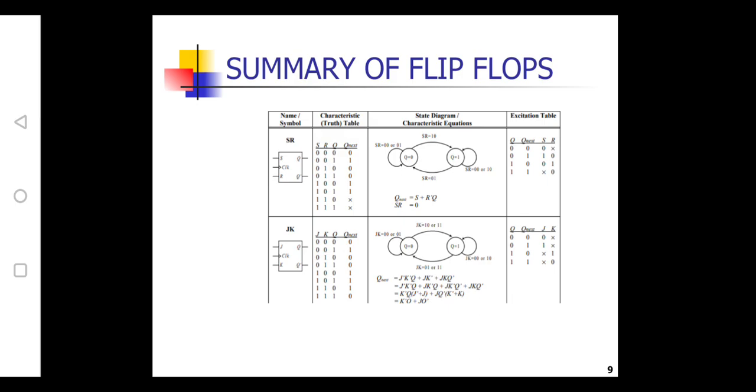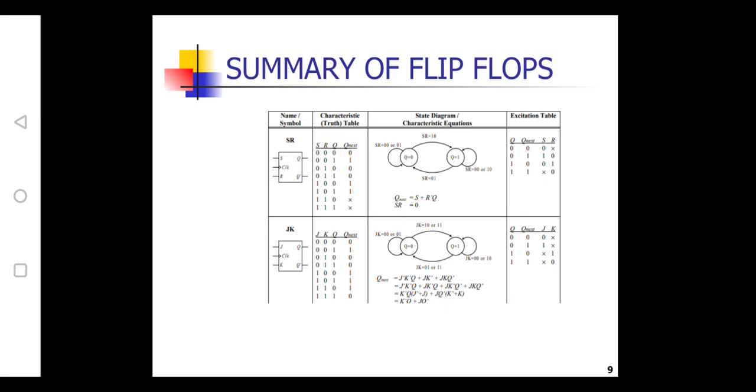So here we are assuming that one time Q is equivalent to 0, other time Q is equivalent to 1. If Q is equivalent to 0, we are getting zeros when both S and R are 0, 0 or S and R are 0, 1. So from the truth table we are drawing a state diagram, and see the last column as an excitation table.